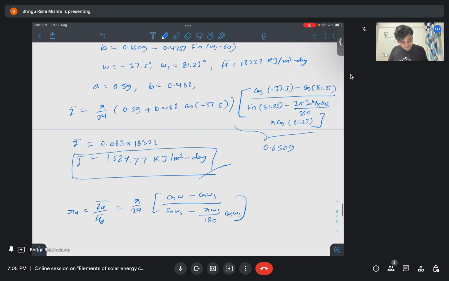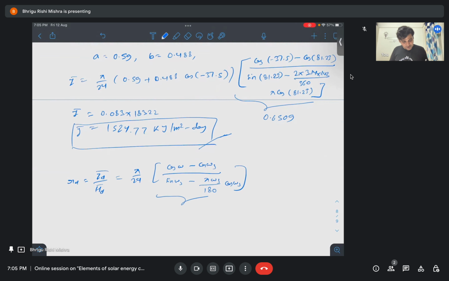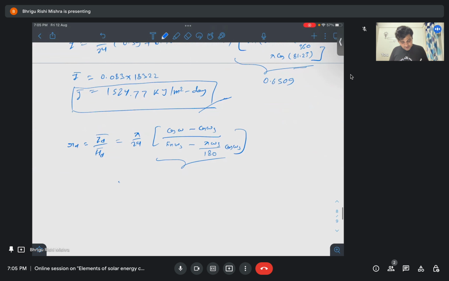Sorry, it's pi omega s by 180. So this portion is almost similar to this, and we have already calculated this, so we can calculate it right now as 3.142 by 24 into 0.6509.